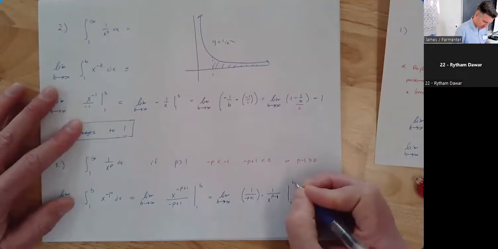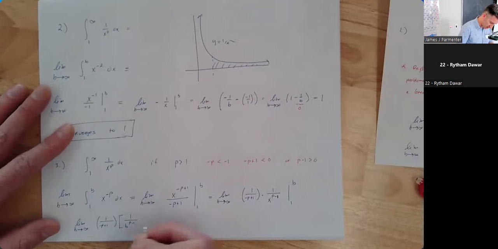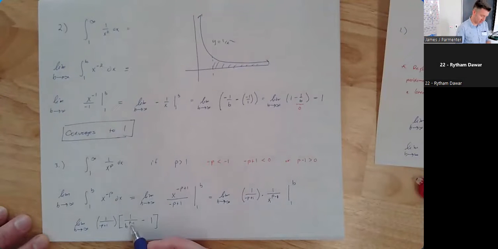And then if we do this, we have the limit as b goes to infinity of 1 over negative p plus 1 times 1 over b to the p minus 1 minus 1 over 1. And then since p minus 1 is positive and b is going to infinity, 1 over something infinitely large is going to get infinitesimally small.